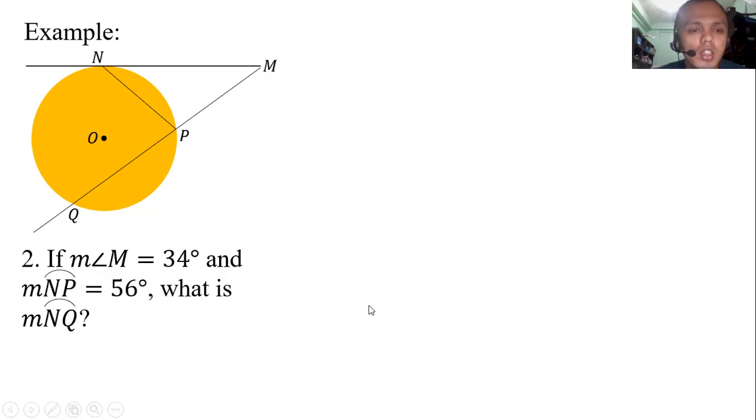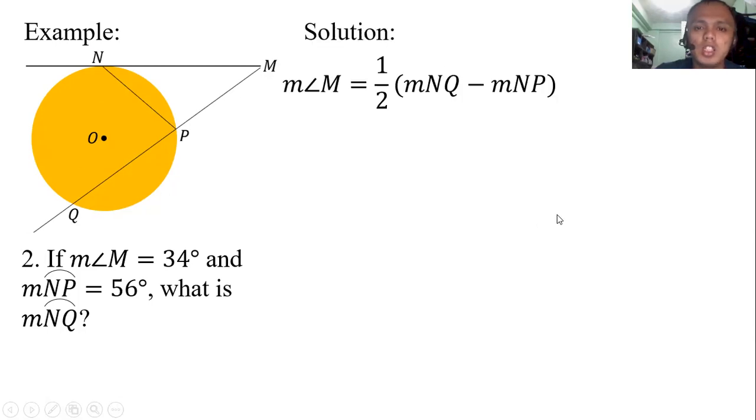Next, given that the measure of angle M is 34 degrees and NP is 56 degrees, what is NQ? Again, substitute using this formula. M is 34 degrees, equal to one half times NQ, which is unknown, minus the measure of NP, which is 56 degrees.